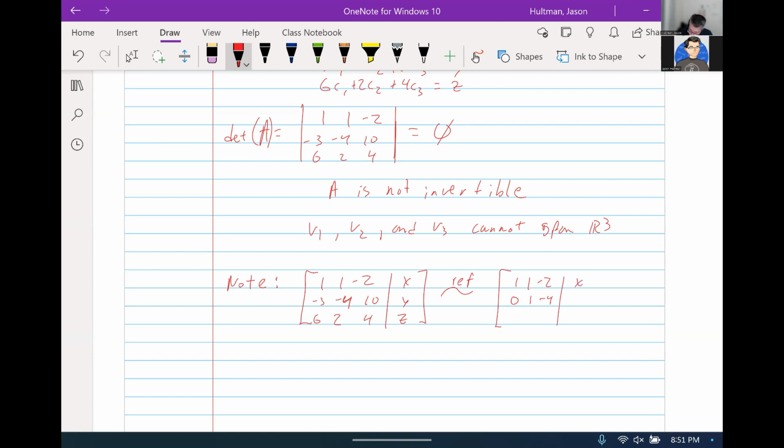And then we would end up with -3x minus y. Okay, and then we get 0, 0, 0. We get a row of zeros.